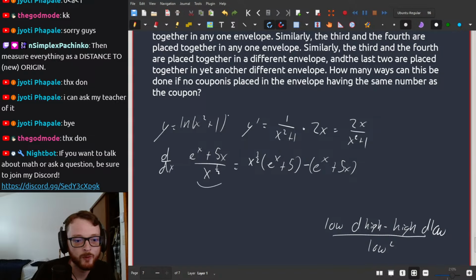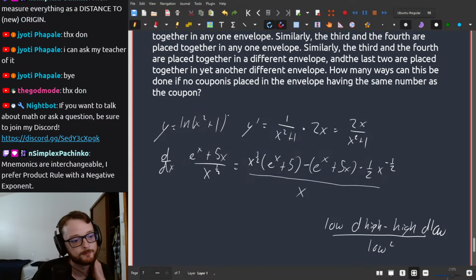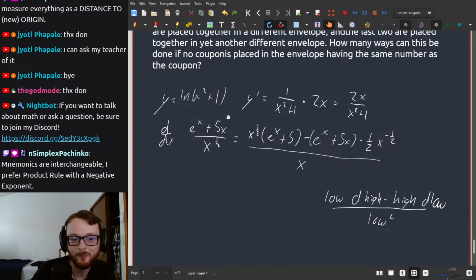D low, derivative of the denominator. Using the power rule on that, it'll be 1/2 times x to the minus 1/2. All over low squared. So x to the 1/2 squared is just x. So that's how I remember the quotient rule.